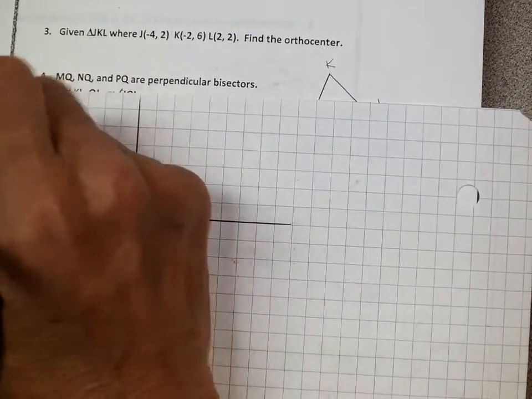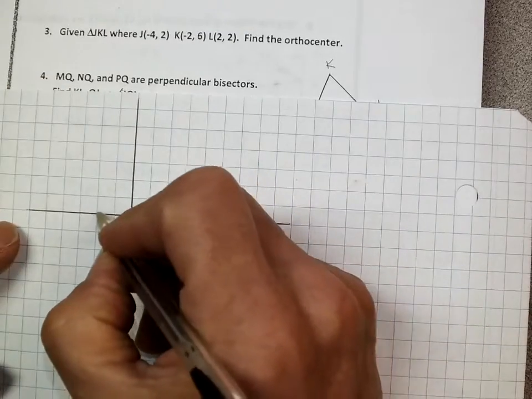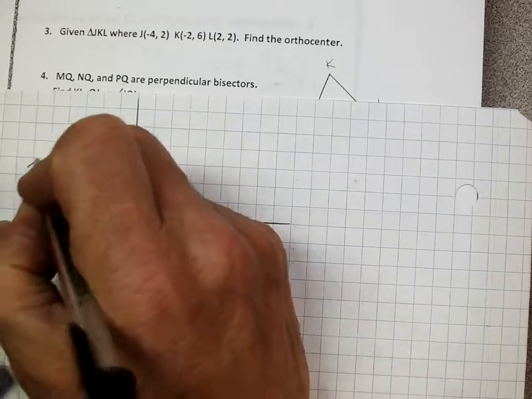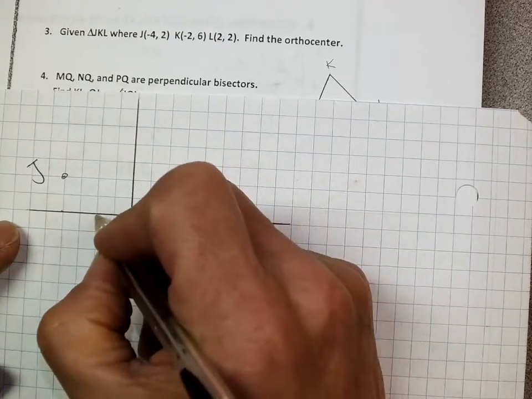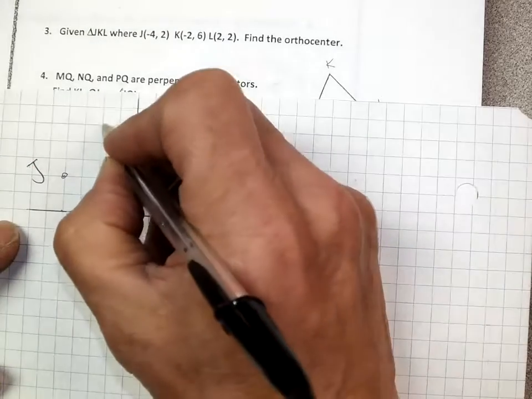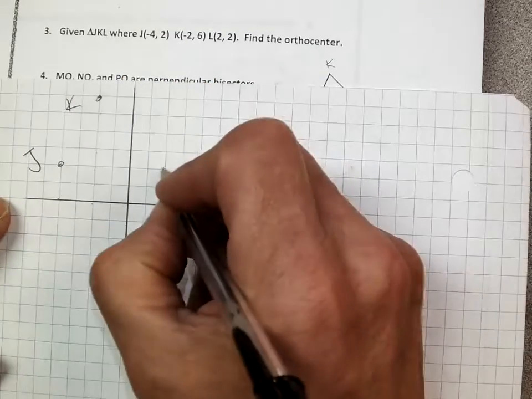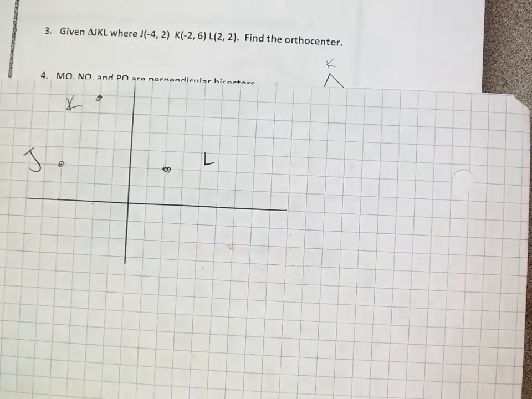So number 3, (-4, 1, 2, 3, 4, 1, 2). There's J. (-2), 1, 2, 3, 4, 5, 6. There's K. And (2, 2) is L. Okay, go ahead and graph that in, you guys.